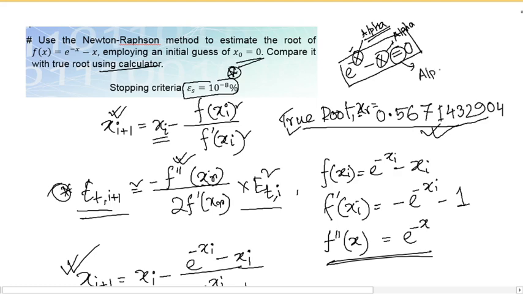Pressing alpha after that calc will give you this equals mode, then equals to 0.